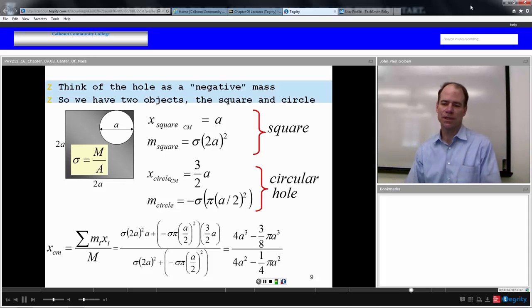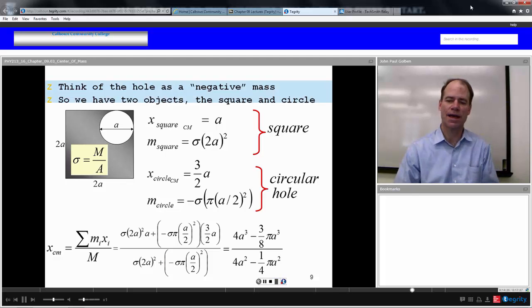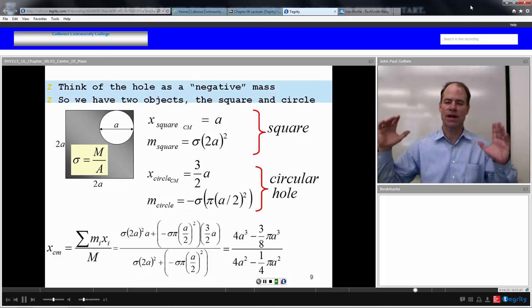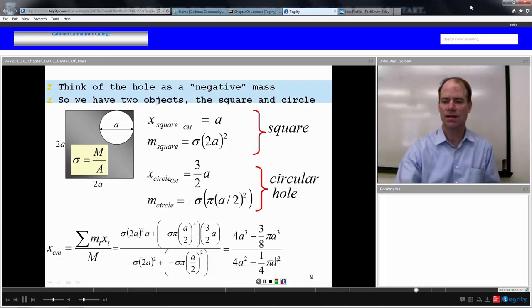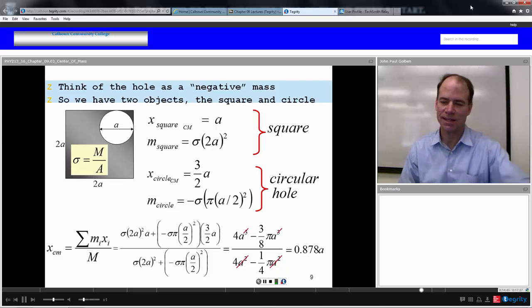4a cubed minus 3/8 pi a cubed, divided by 4a squared minus 1/4 pi a squared. If I divide top and bottom by a squared, I get rid of a squared in the denominator, and I'm left with an a in the numerator. And this is equal to 0.878a.